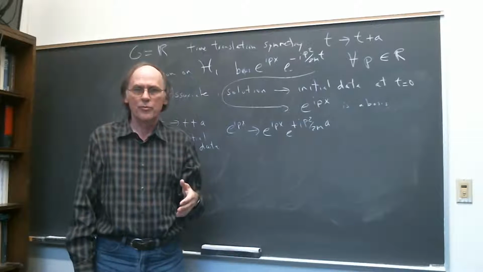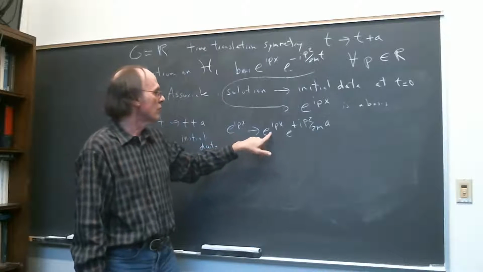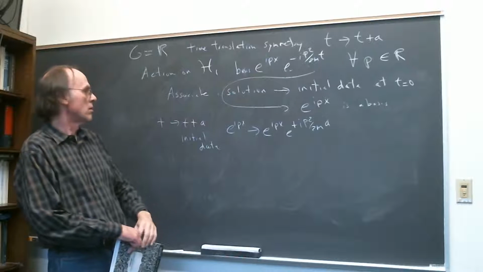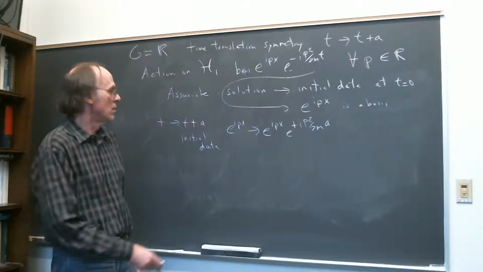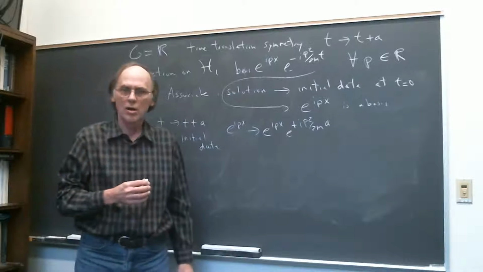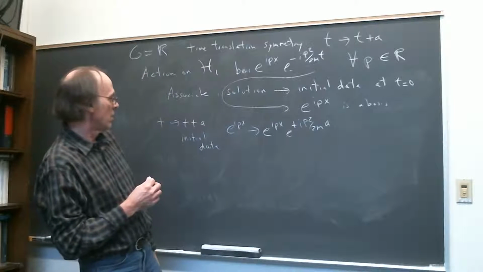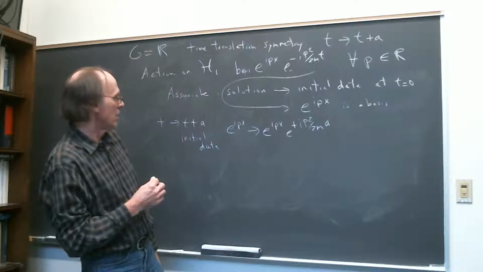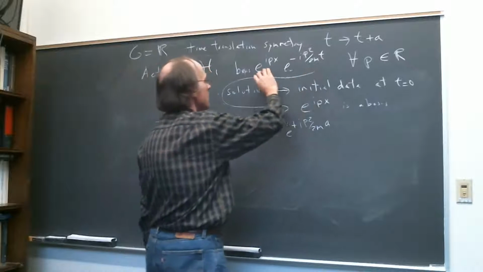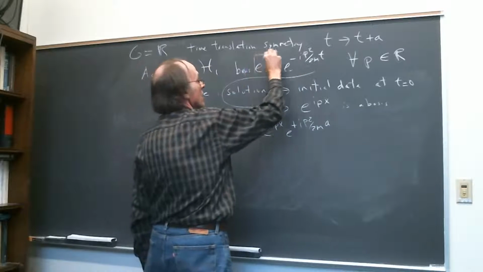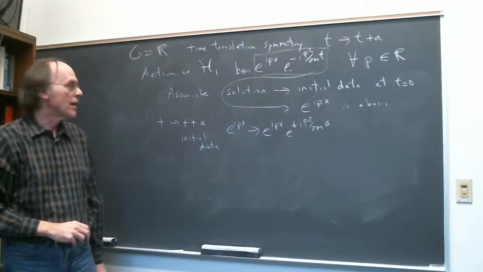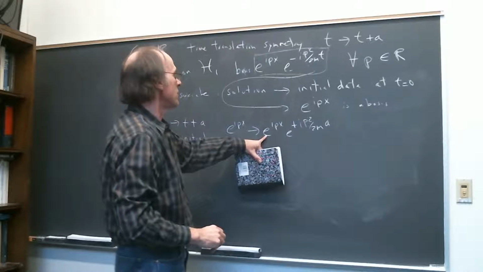You mean you map e to the ipx times e to the negative ip squared over 2m t to e to the ipx times e to the positive ip squared over 2m a? Yeah, positive. On the left-hand side, you should add the term e to the power negative ip squared over 2m t. No, there are no t's. This is what the solution is. The left-hand side will be a solution. Okay, and so this guy.